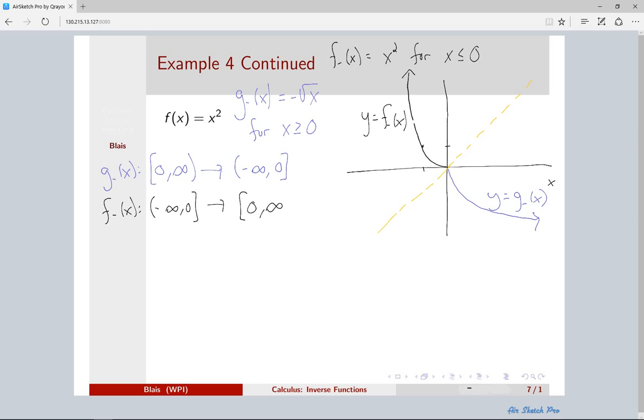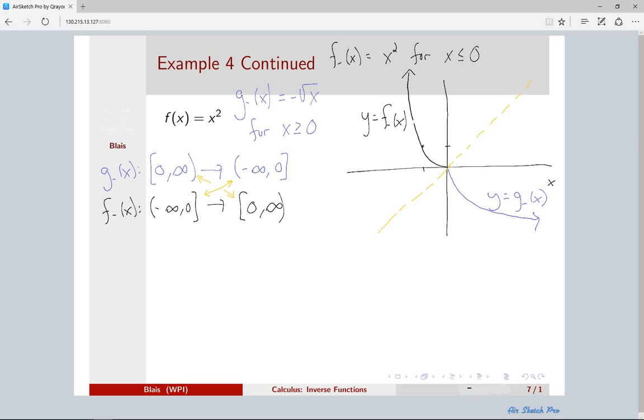So 0, infinity. And you note that what we needed were the domain and the range of these pairs to match. And they do. So this is a non-trivial example where we actually see the domain and the range of these pairs matching.